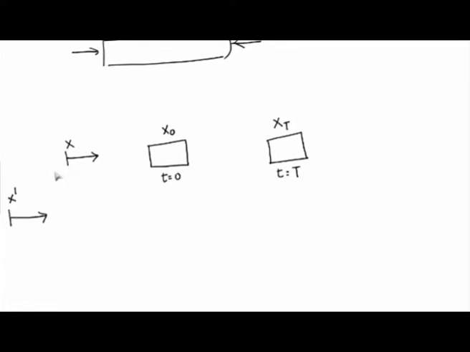He is also using a one dimensional coordinate system, a smart guy. He knows that there is no point in using a two dimensional coordinate system involving y and x together. So the value that he reports at t equals 0 is x prime 0, and the value that he reports at time t is x prime t.